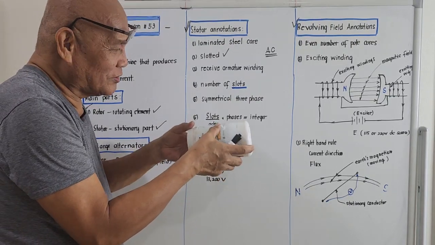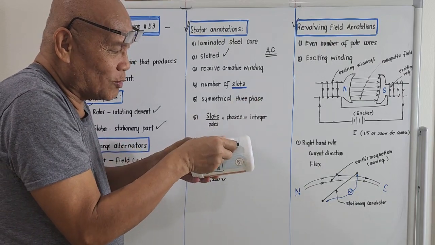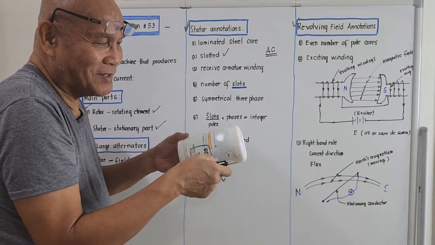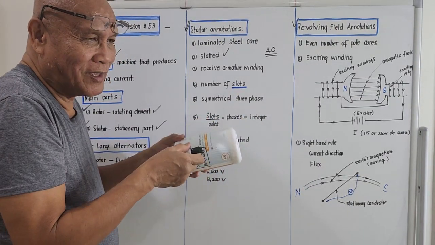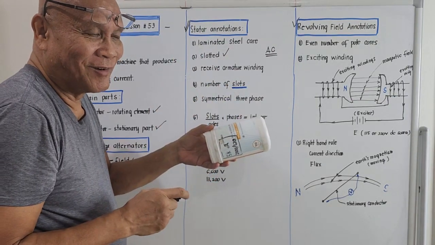So the stator has slots going around, then we place so many windings over here, right? We need the windings so that when we place this winding near a magnetic field, we generate a voltage.